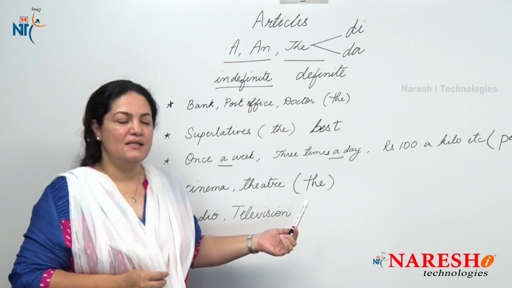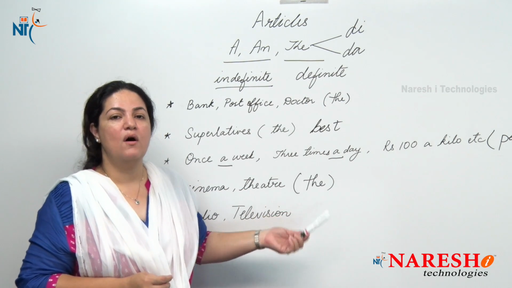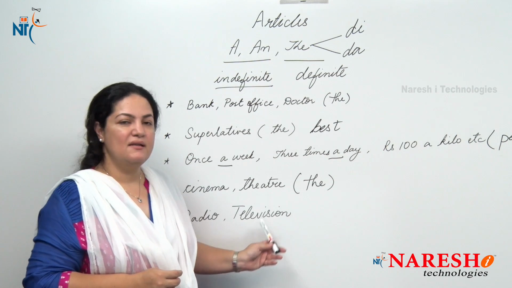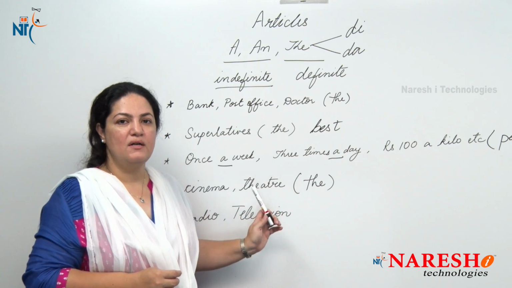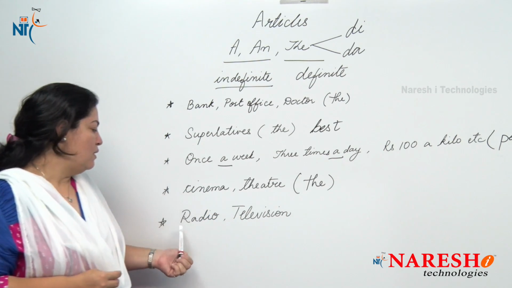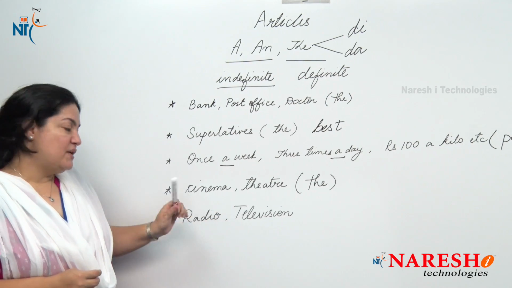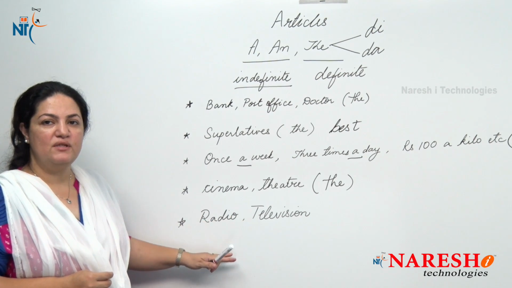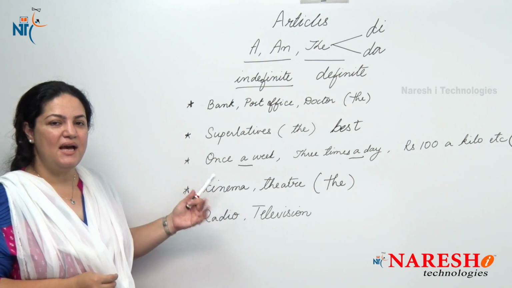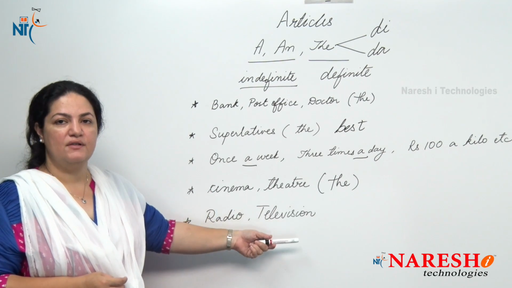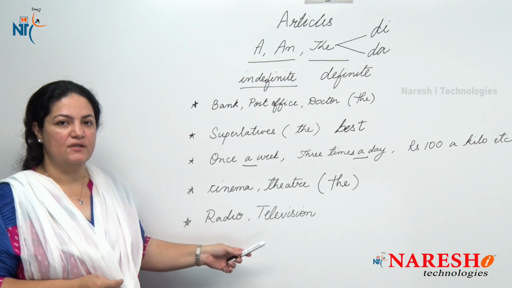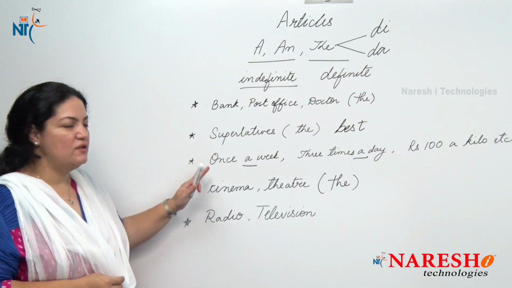But in a general sense, we will say, I watch the news on television. So here it is on television, not the television. But for radio, it's always the. And when you're talking about a possession, you say, I have a radio, that means I have one radio. I have a television, that means I have one television. Okay, now let's go on to the next rule.